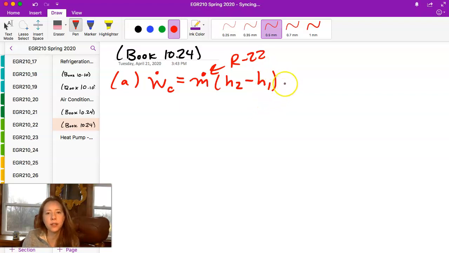And so this is going to be equal to, we need to find m dot actually. Let's find m dot.